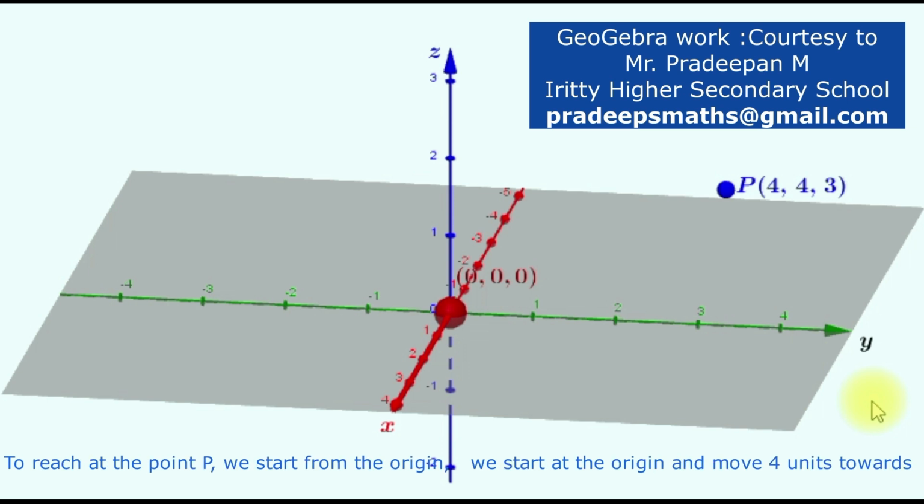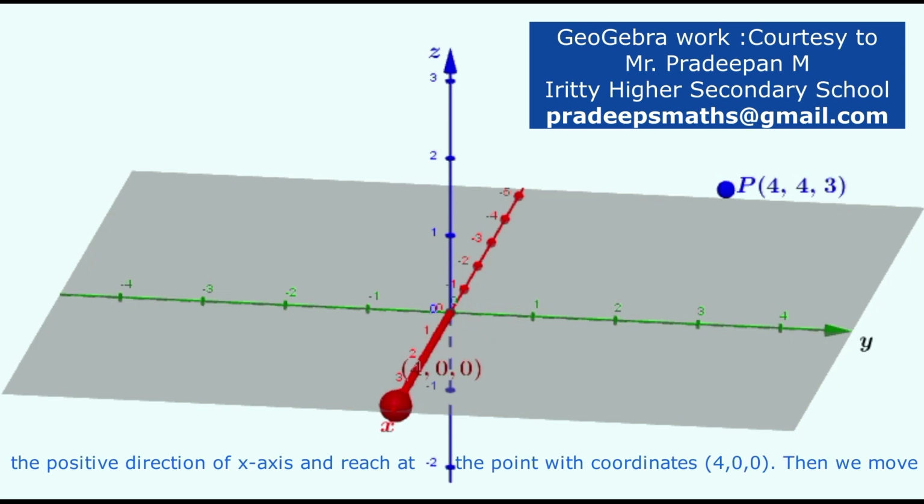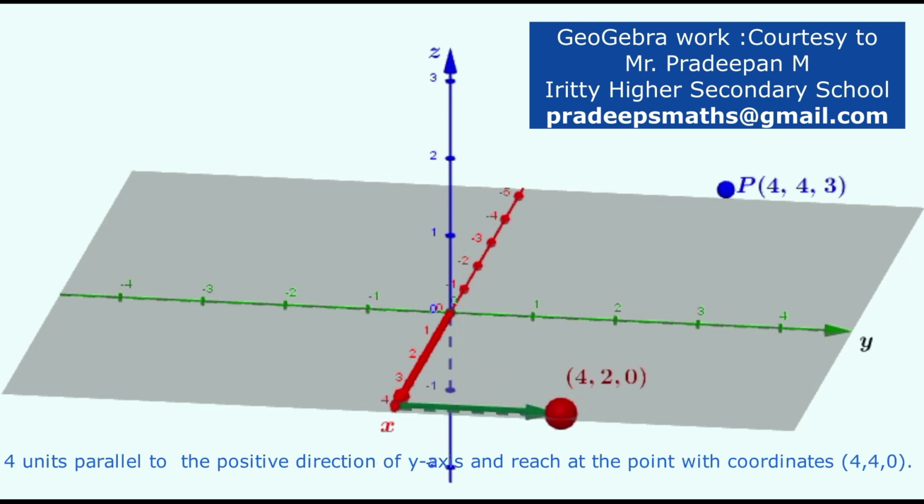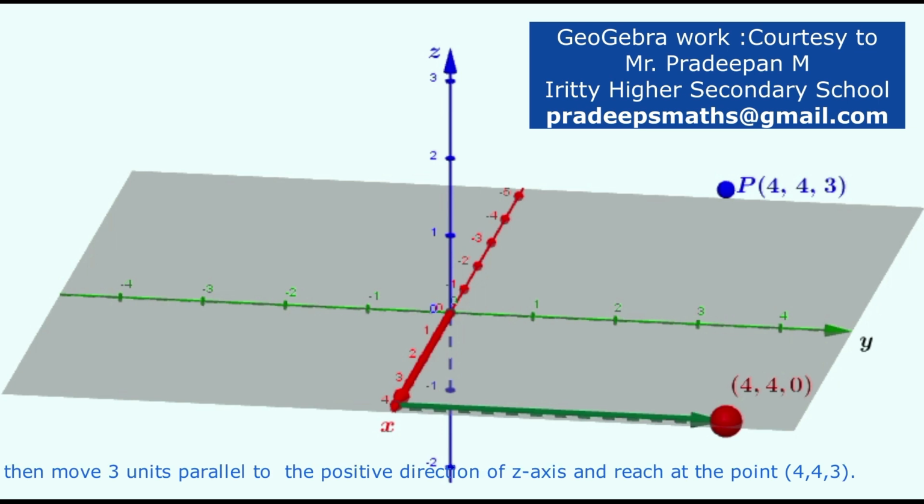To arrive at the point P, we start from the origin. We start at the origin and move 4 units in the positive direction of the x-axis and arrive at the point (4, 0, 0). Then we move 4 units parallel to the y-axis and arrive at the point (4, 4, 0).